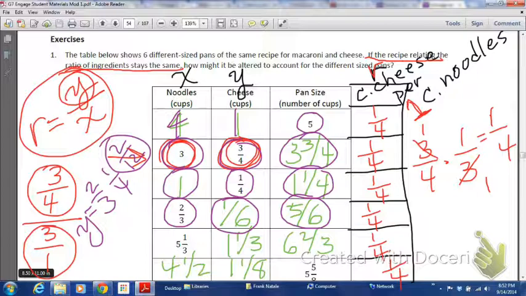But with the rest of them, it's the same idea: taking what you know and applying it with an equation, or another way, things that you know. For every one, you at least know your rate: 1/4 of a cup of cheese to 1 cup of noodles.